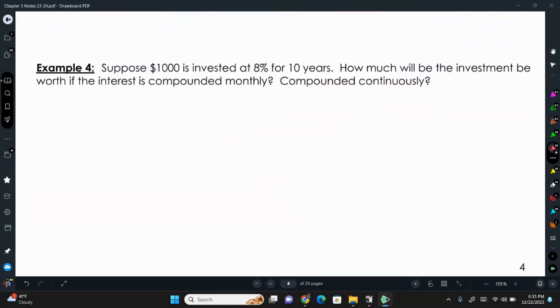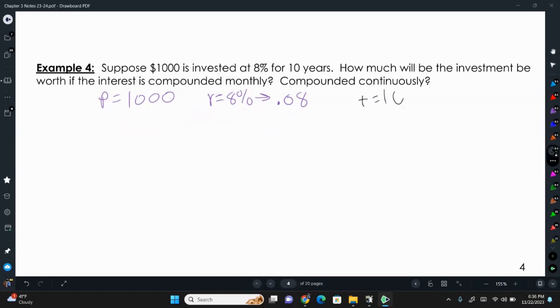So in example 4, suppose we're investing $1,000 at 8% over 10 years. How much will the investment be worth if the interest is compounded monthly or compounded continuously? So for the problem, our principal is 1,000. The r is 8%, which is 0.08, and t is 10.